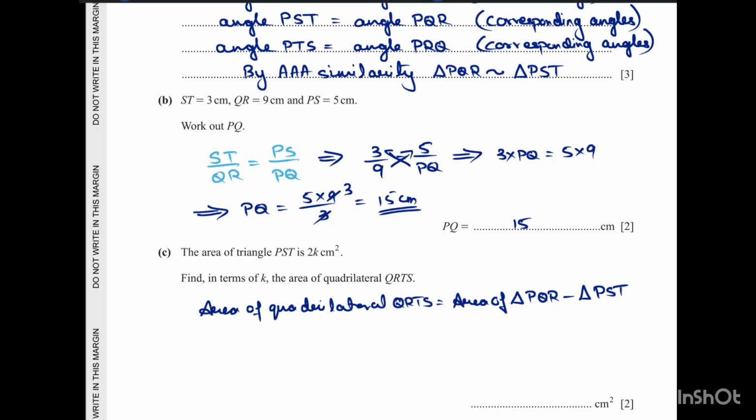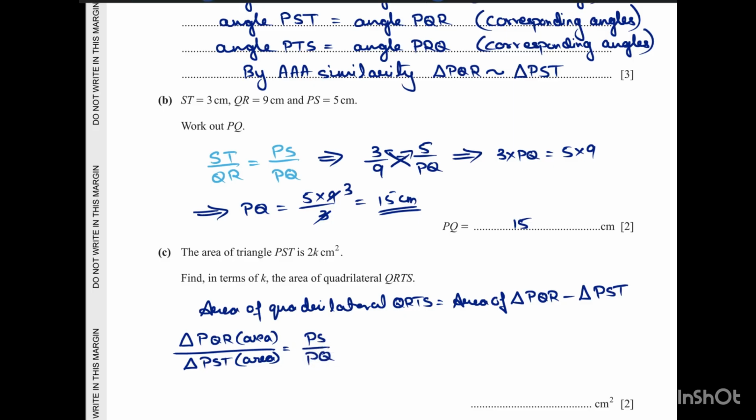When two triangles are similar, the ratio of their areas will be equal to the ratio of the squares of their corresponding sides. So let me write the area of PQR by PST will be equal to the ratio of the squares of the corresponding sides.